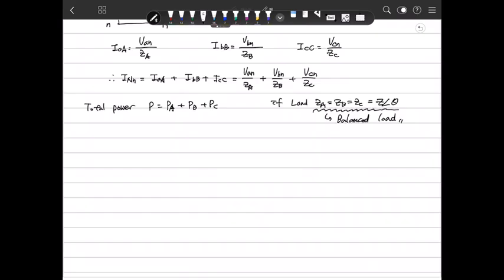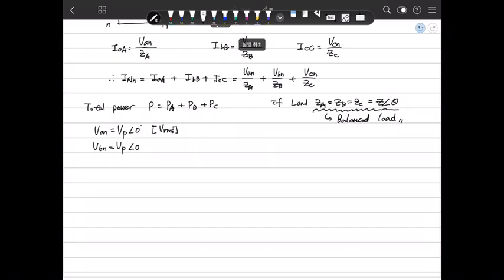If the load is balanced, in this case VAN is VP, you define it like that, and the unit is RMS, not peak.